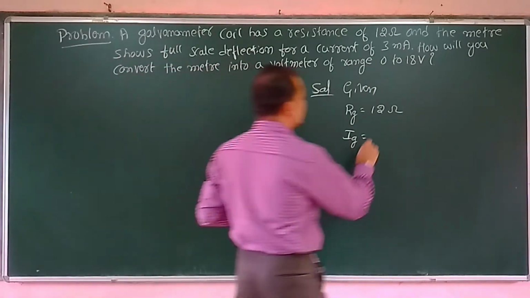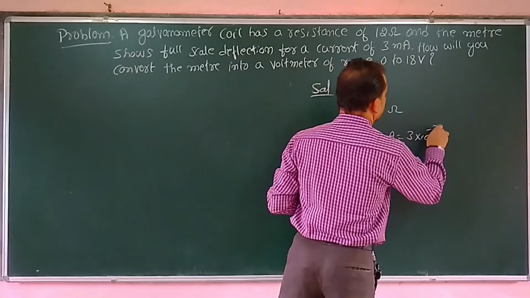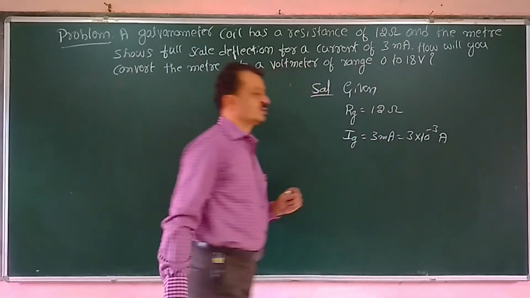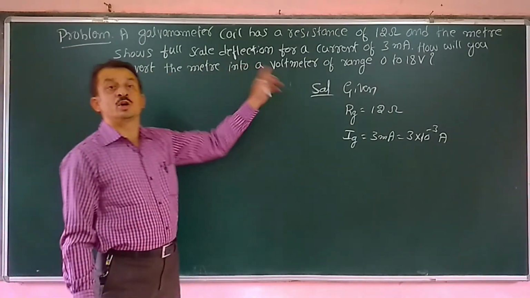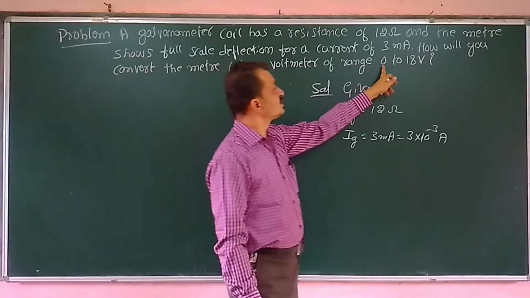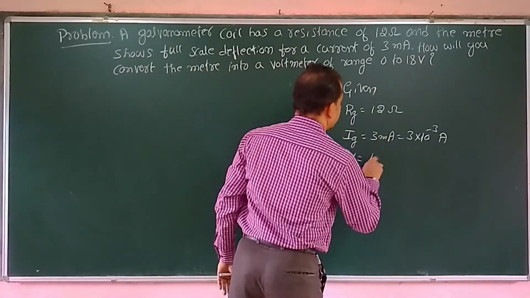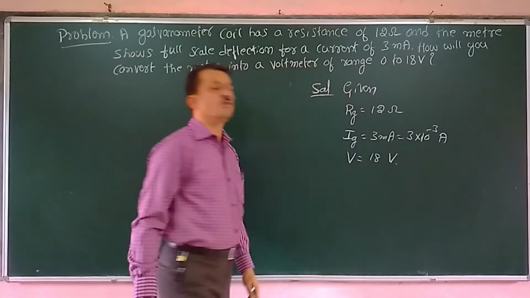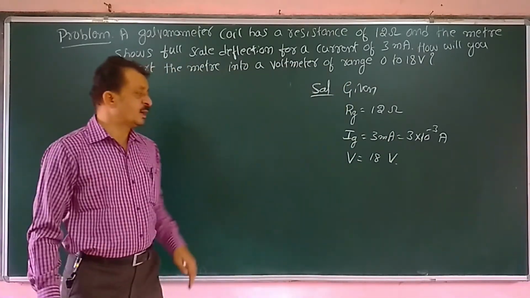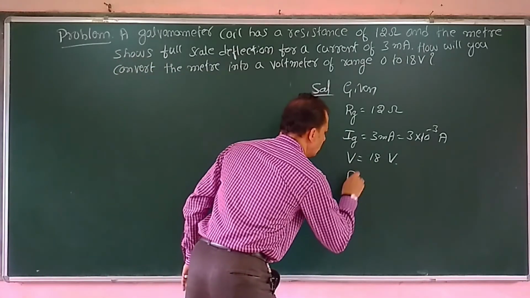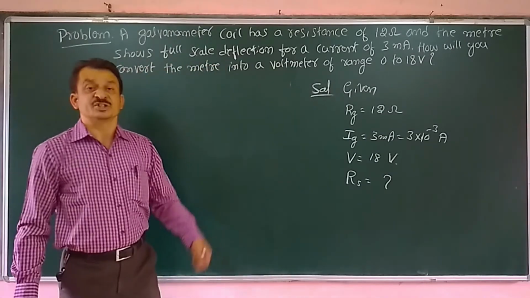That is 3 milliamps, or that is equal to 3 into 10 to the power of minus 3 amps. That is given. Now we are going to convert this galvanometer into a voltmeter of range 0 to 18 volts. Therefore, the maximum voltage range is 18 volts. Now, how are we going to convert this galvanometer into a voltmeter? For that, I have to calculate the series high resistance.